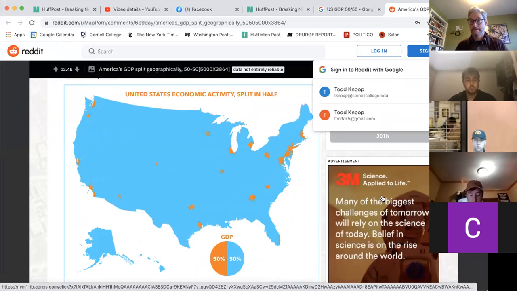Inequality. We see a small area produces a large percentage of US GDP. And where are these little orange areas? Well, they're major metropolitan areas for the most part, right? And so a huge portion of our GDP is produced in urban areas.